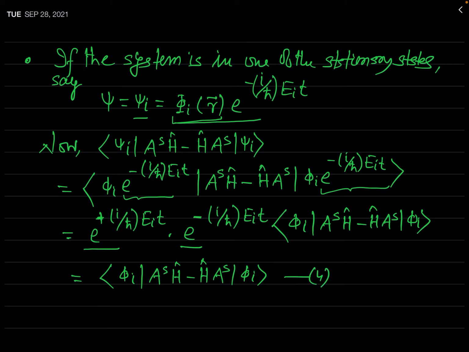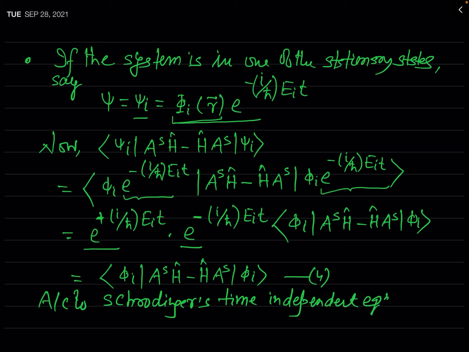Now according to Schrodinger's time independent equation, we know, in fact, H hat phi i of r equal to E_i phi i of r.